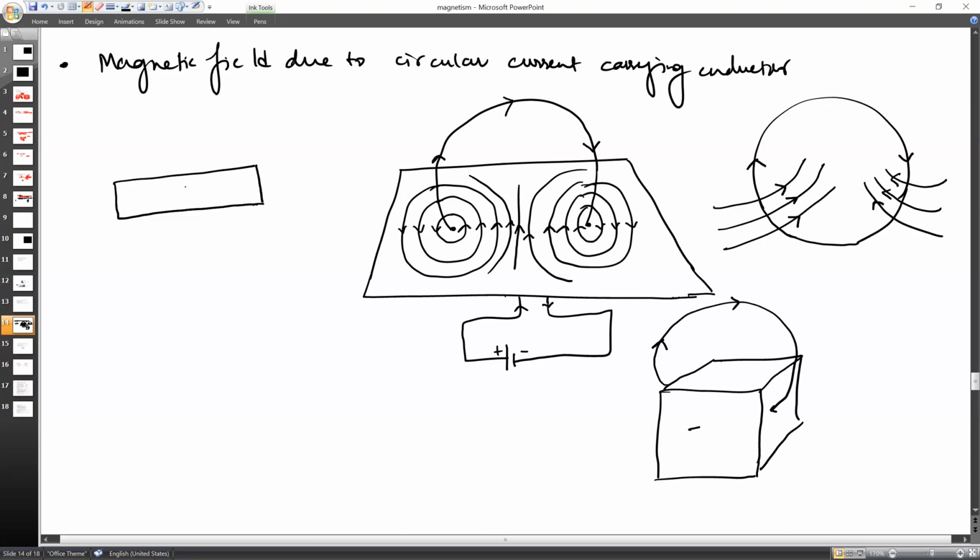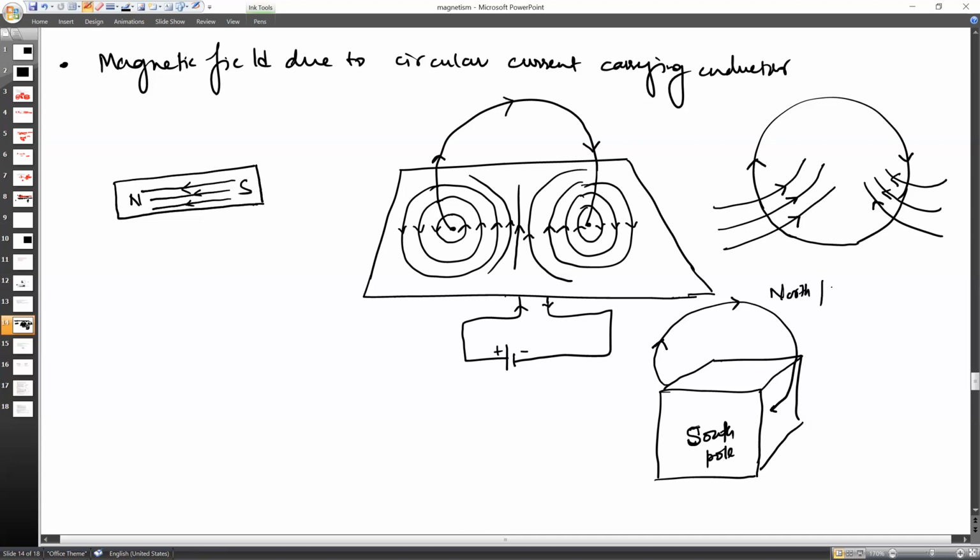So you can check it this way. This is the bar magnet, okay? And inside the bar magnet, the magnetic field lines move from south to north pole. If inside the bar magnet the magnetic field lines are moving away from you, we can say that the side you are facing is the south pole, and the other side where you are not facing is the north pole.